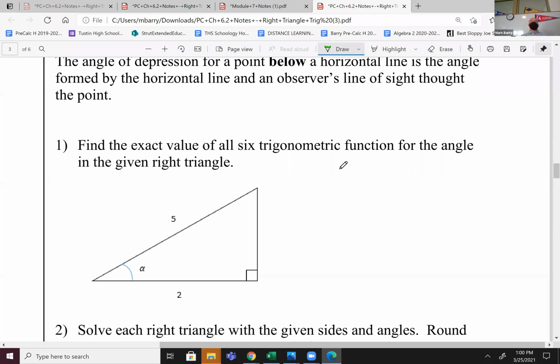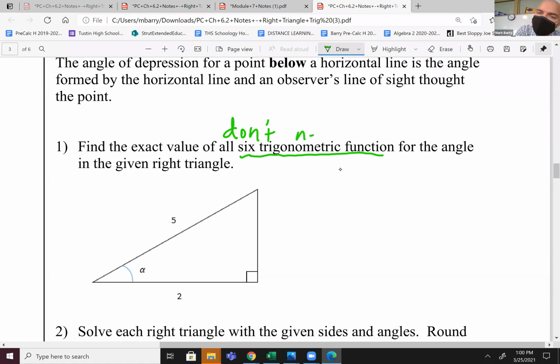Okay, so this one right here says, find the exact value of all 6 trigonometric functions for the angle in the given triangle. So when this question is asked, and we're going to be seeing a lot of this upcoming, you don't need the angle measure.